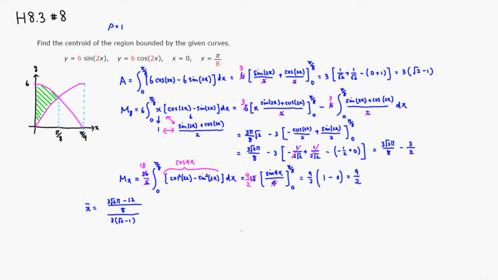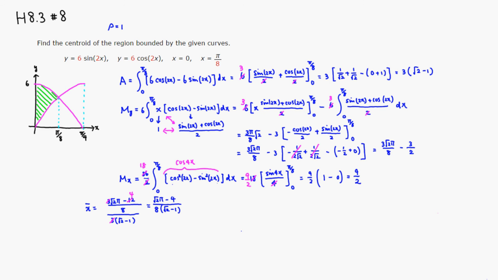If you simplify that, you can cancel the 3s, and that'll be 4. The 8 is still there, then you have square root of 2 minus 1 on the bottom, and square root of 2 pi minus 4 on top.